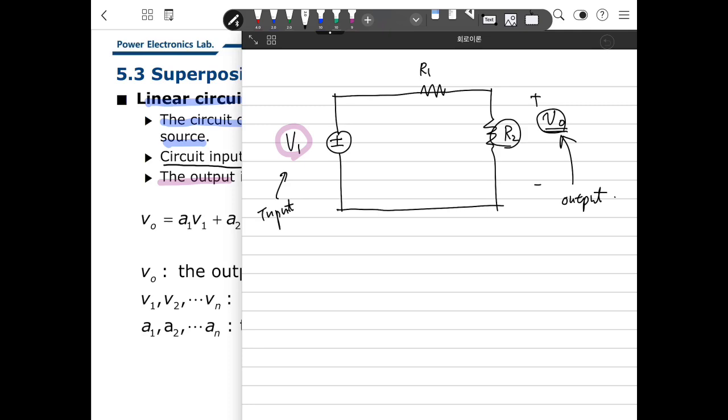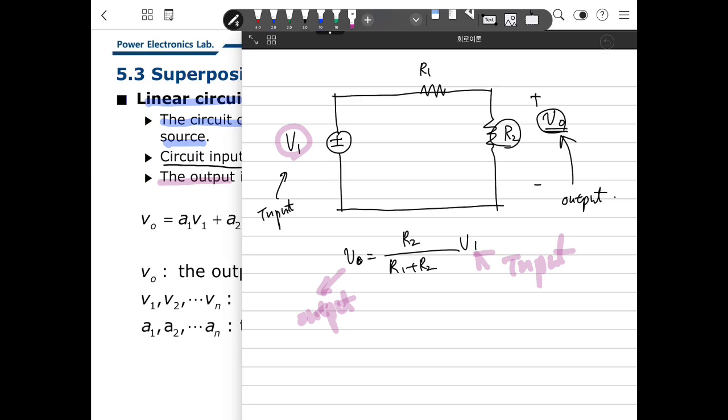The relationship between V1 and VO is VO will be R2 over R1 plus R2 times V1. This is VO. Then we say that is an input, and that will be the output. So this is a linear circuit.